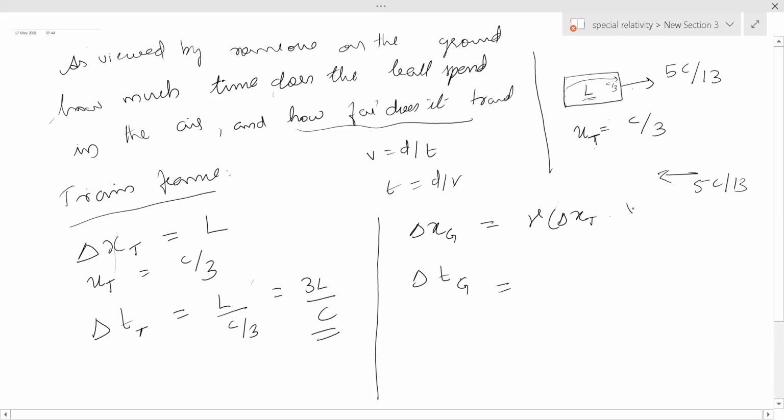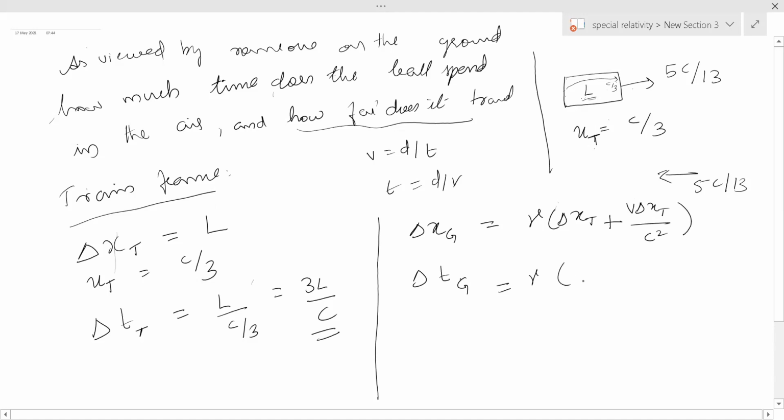Is it plus or minus? It's plus. Because with respect to the train, the ground is moving in the opposite direction at 5c by 13. If they are moving in the same direction, you would have a minus. Am I right?